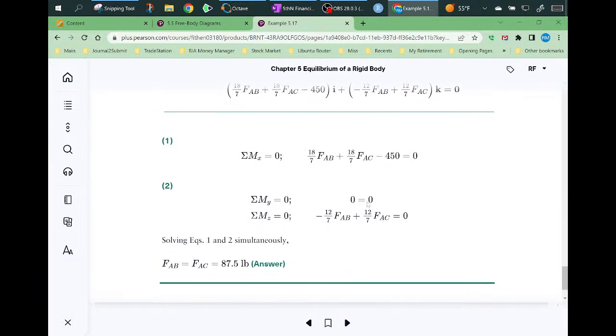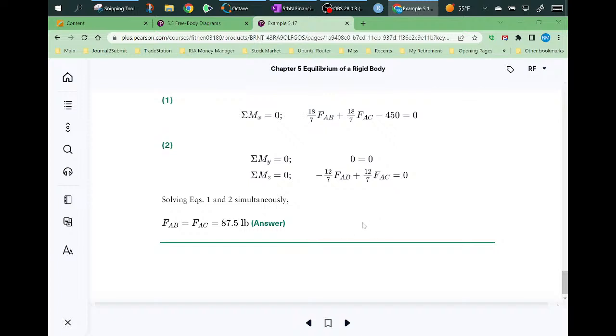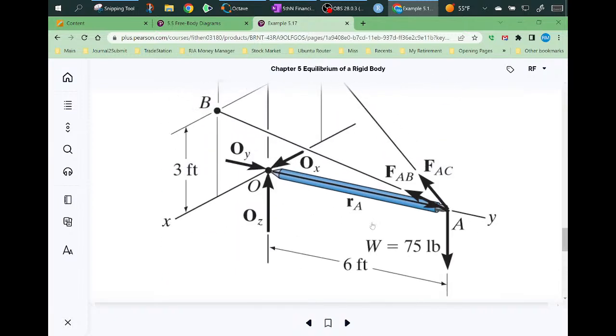So you can break them all out and you can find this. Now, the other way to solve this, so what he's done here is he's summed the moments here, looking out here, and finding his equations here to find these two.